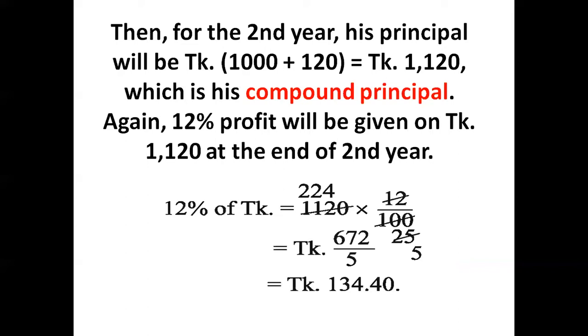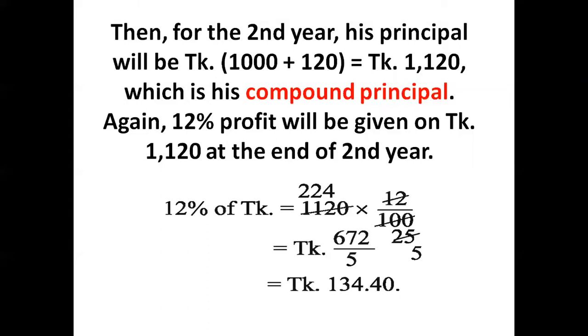Again, 12% profit will be given on taka 1120 at the end of the second year. By the similar process, 12% of taka 1120, that is 1120 into 12 by 100, that is 672 divided by 5.